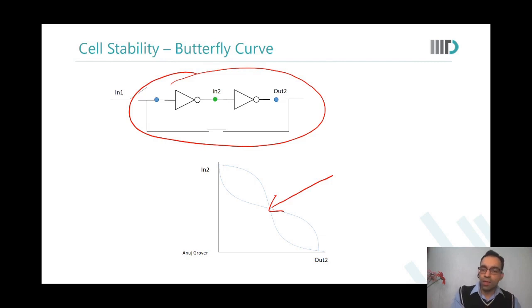So now what is important to realize is how much noise can I put in there? That is what is meant by cell stability, na? That how much noise can I be immune to? The more noise I'm able to handle, the more stable the cell is, more stable the latch is. So now let us go to another level of abstraction.